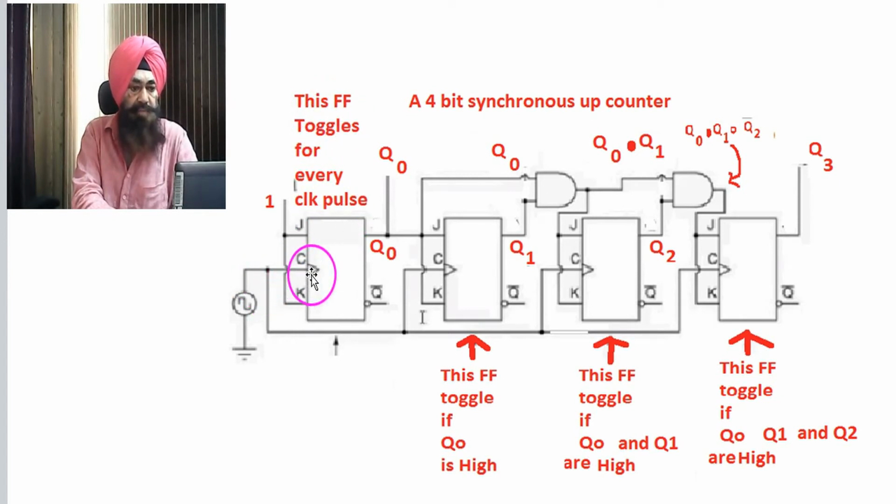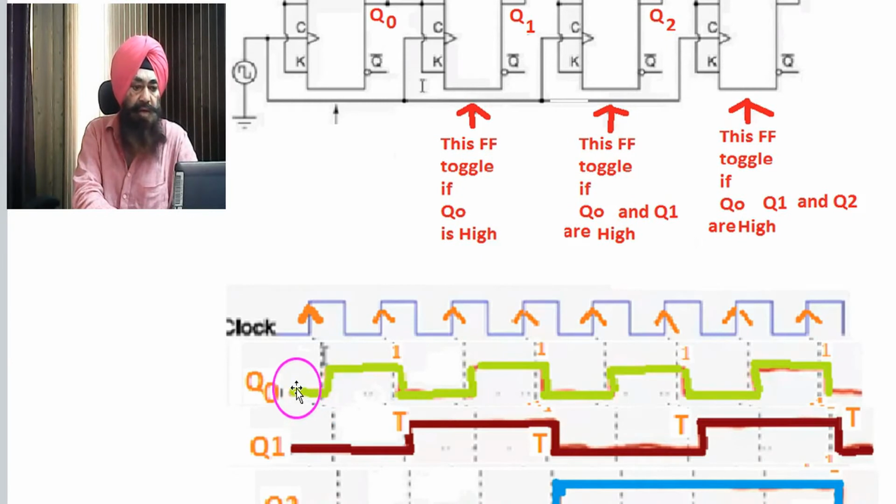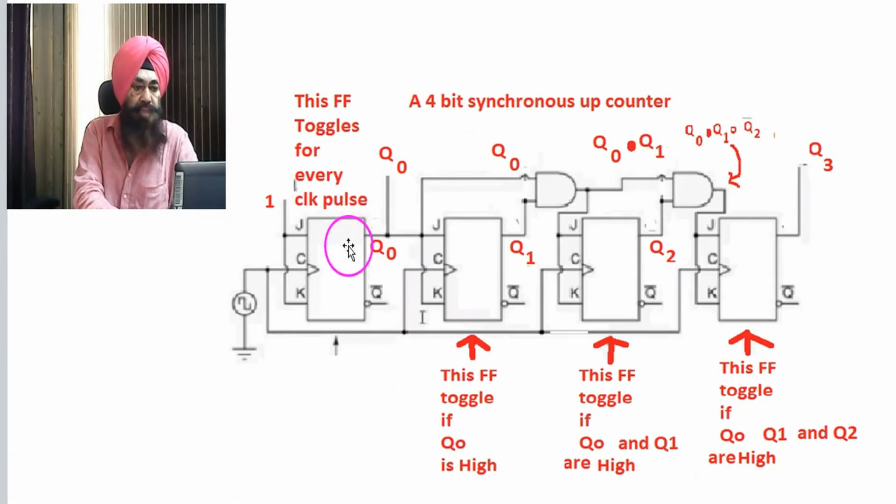So first of all, Q0 toggles on every rising edge of the clock. There's some delay, okay. Then the rising edge comes, it toggles 1 to 0. Then the rising edge comes, it toggles 0 to 1, and so on. So this is what's happening at the output of the first.